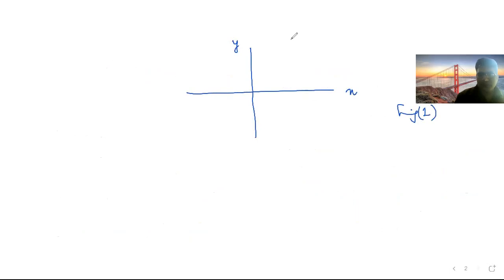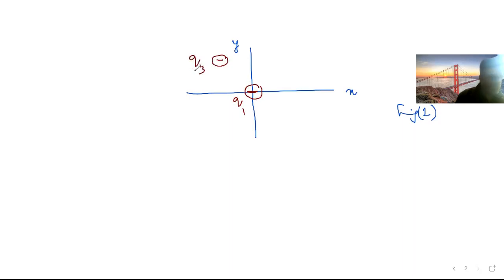I have Q1 charge placed at the origin. This is Q1. Then I have another charge Q3 placed here.